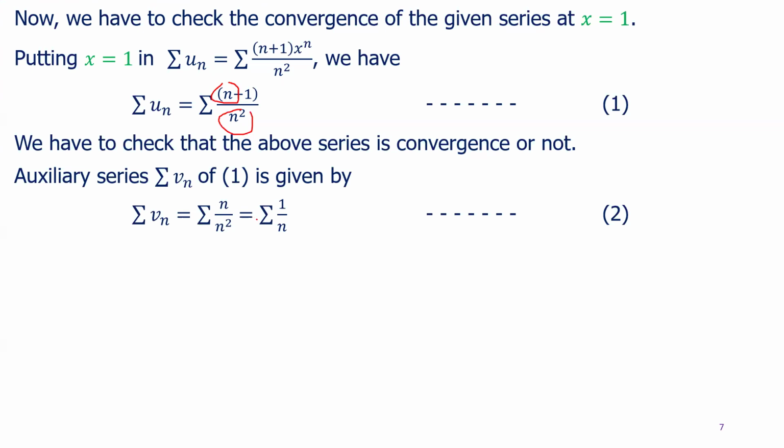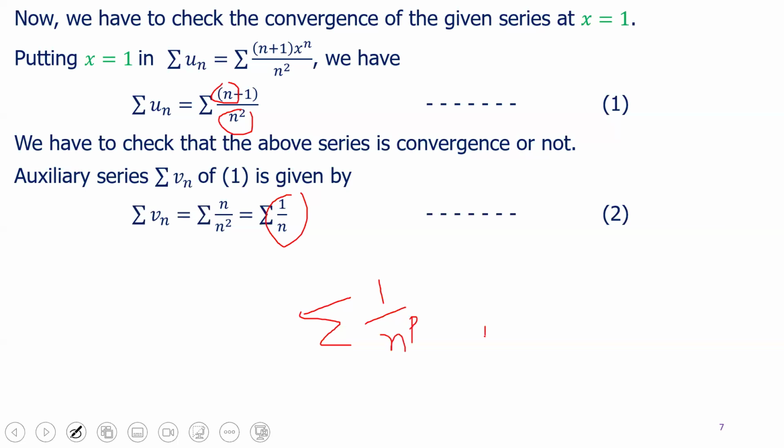So the answer is 1 upon n. Now, if we compare this series with the P series 1 upon n to the power P, the value of P is equal to 1.